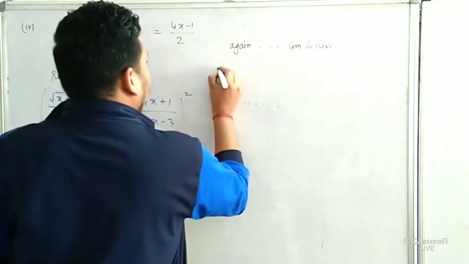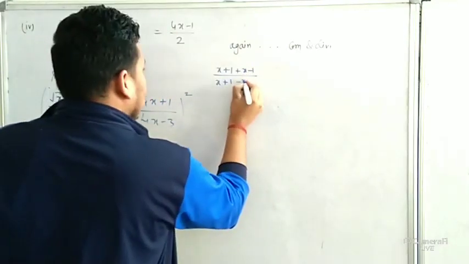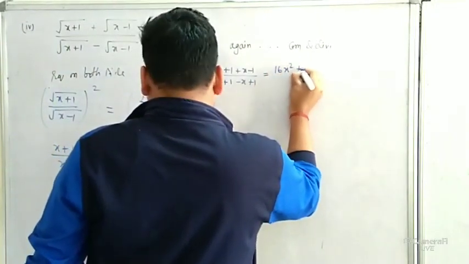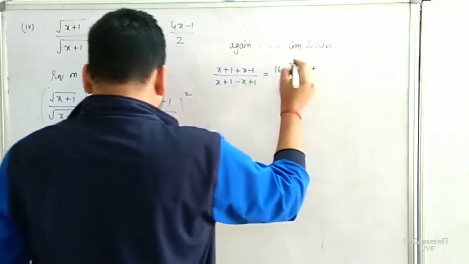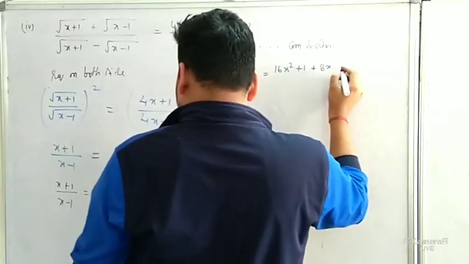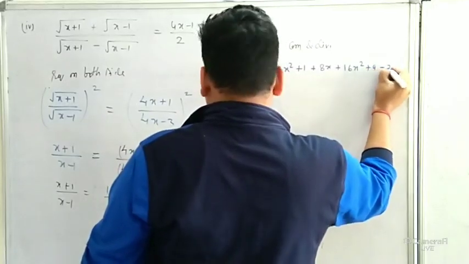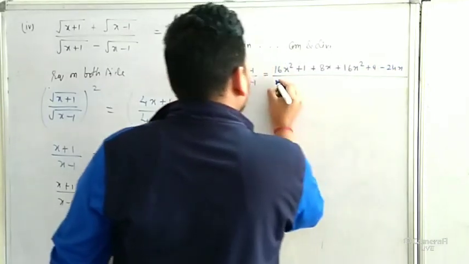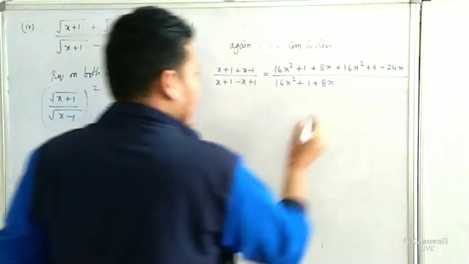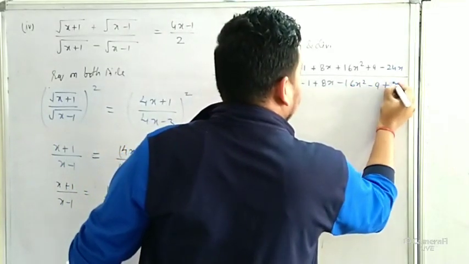So it becomes x plus 1 plus x minus 1 upon x plus 1 minus x plus 1, which is equal to the right hand side numerator 16x square plus 1 plus 8x plus 16x square plus 9 minus 24x, and the denominator is 16x square plus 1 plus 8x, now minus multiplied with the whole numerator, so minus 16x square minus 9 plus 24x.